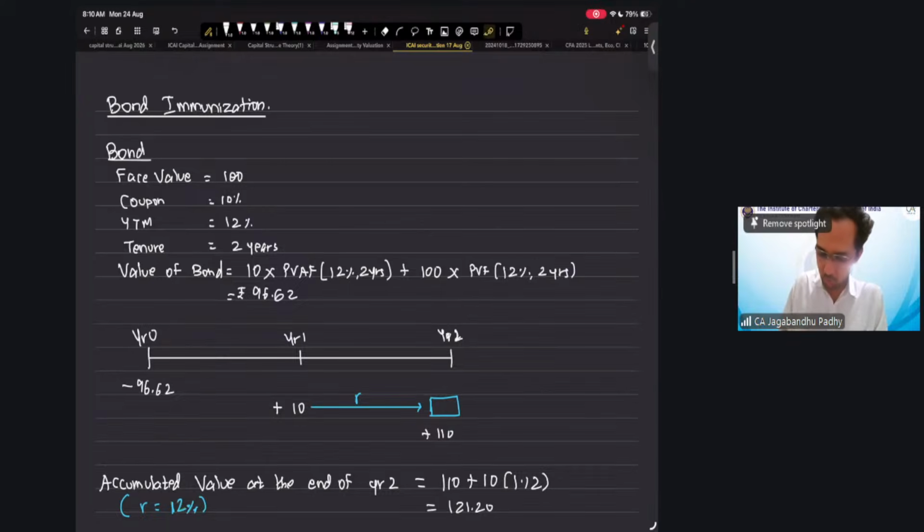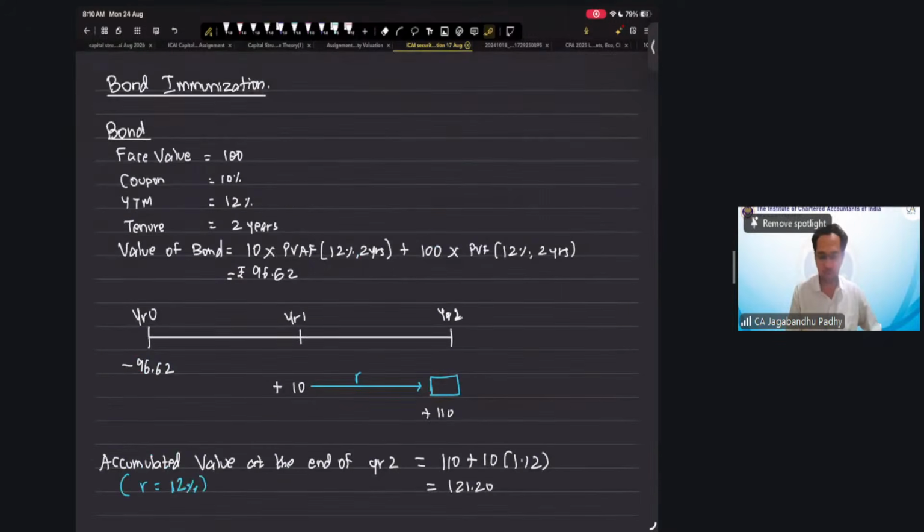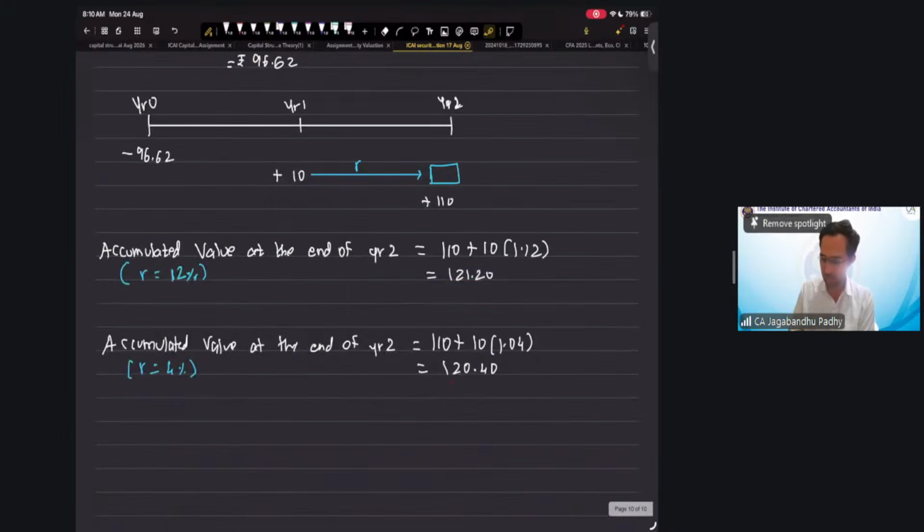So, in bond immunization, we don't invest in a 2 year bond if our target time period of investment is 2 years. If you want the money in 2 years, don't invest in a 2 year bond, because there you definitely have this sort of uncertainty.